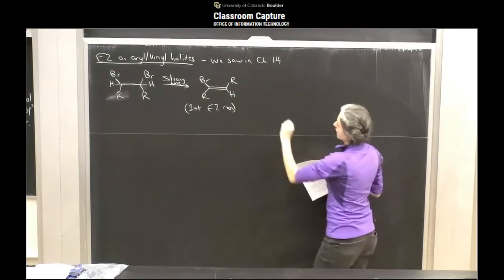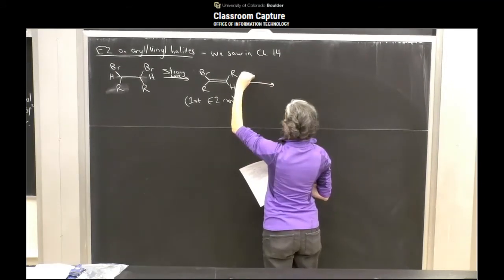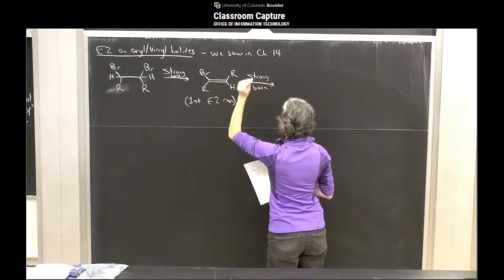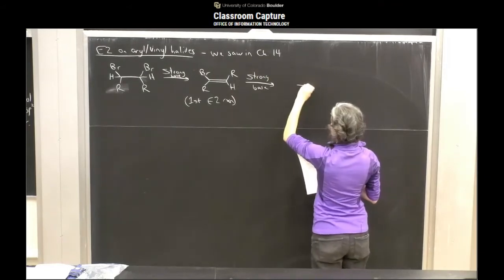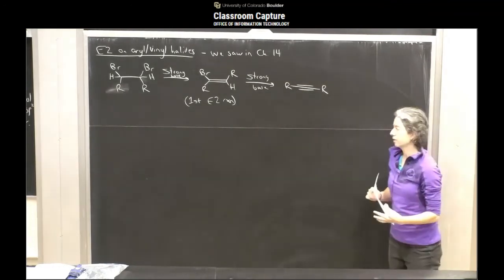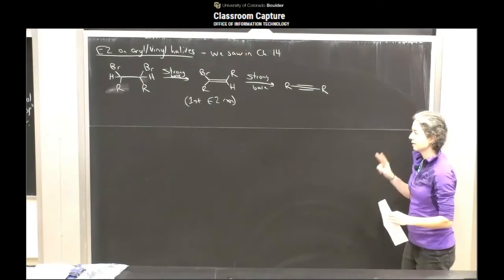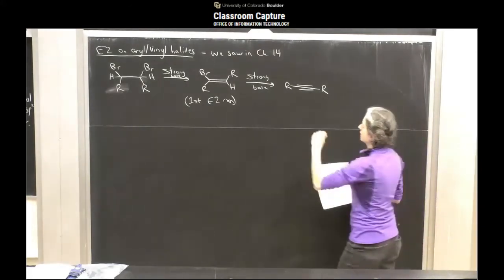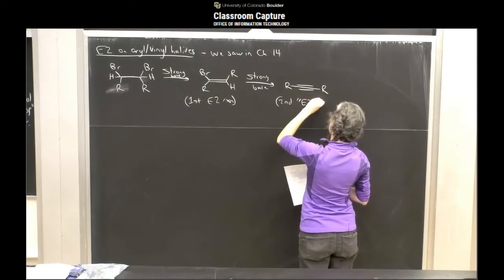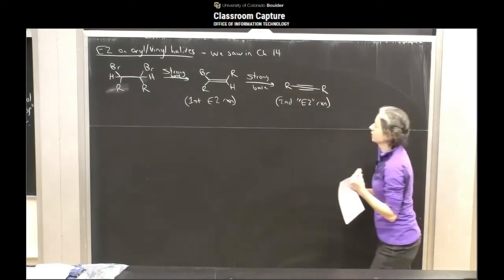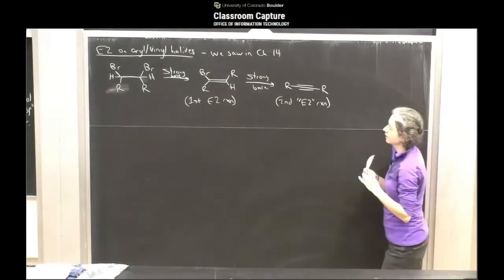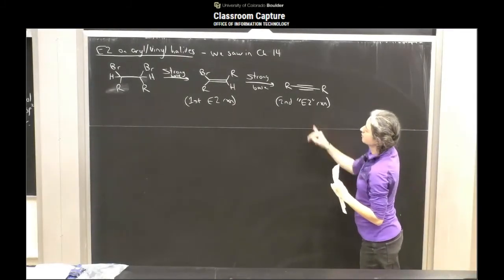And then if we react with another equivalent of strong base, we can do another, in the notes I said E2 with quotes around it. So it's not exactly the same as E2 was on a regular alkyl halide, but it's pretty similar.